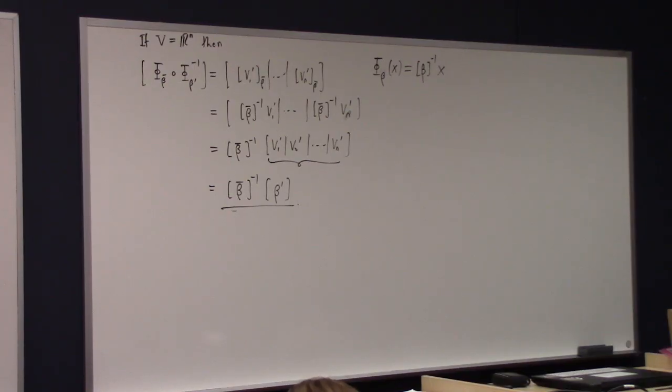If we're talking about column vectors, the process of finding the coordinate vector is quite troublesome for an abstract basis, because you have to solve the inverse matrix problem.